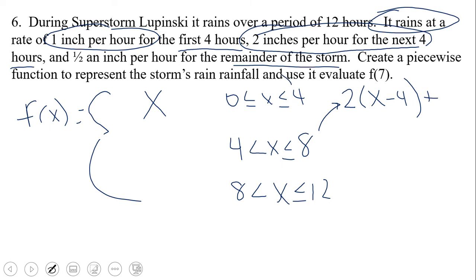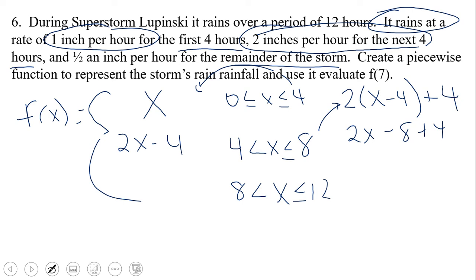The first function would leave off at time equals 4, which would mean that there were already 4 inches. Technically, you could leave that as your answer, but if you want to simplify, 2x minus 8 plus 4, and you would simplify that to be 2x minus 4. So using that simplified version, you will now be able to, in one calculation, plug in 5 for hour 5 and find out exactly how much rain, 6 for hour 6 and find out exactly how much rain.